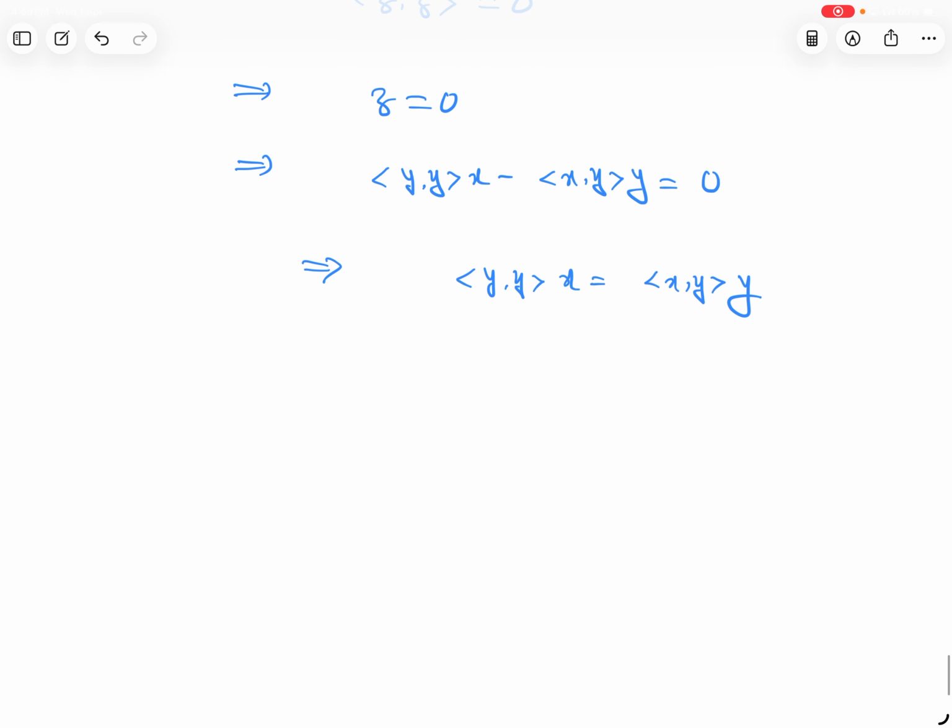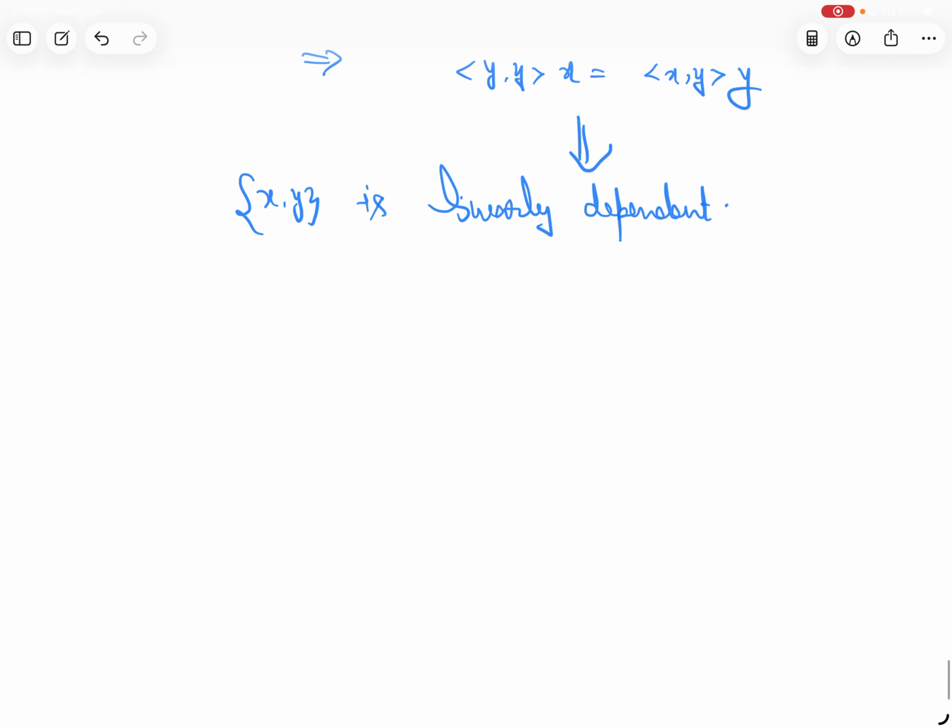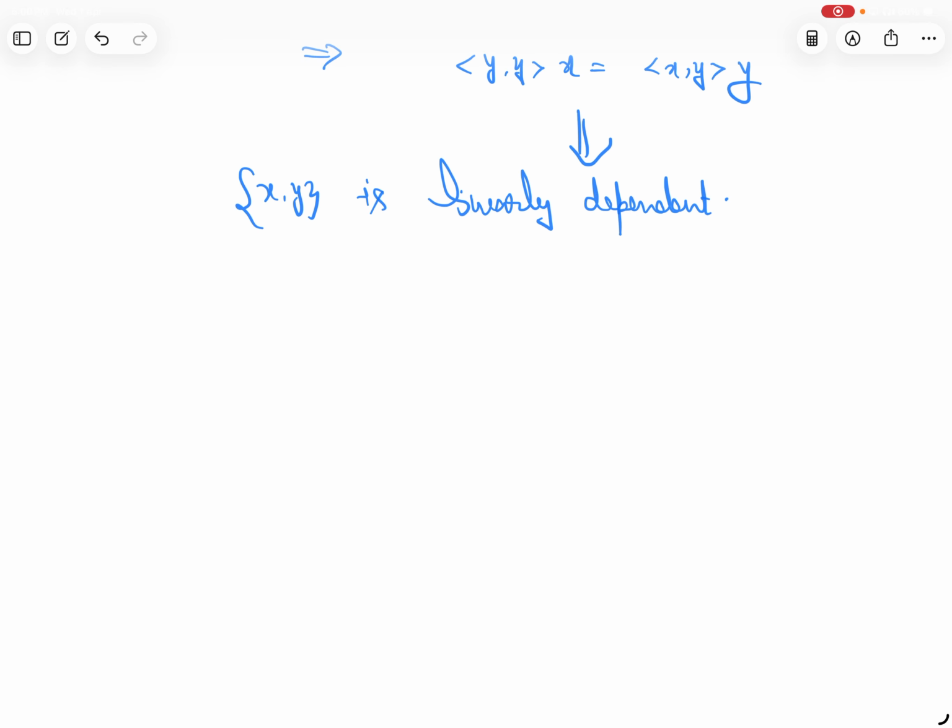Now conversely, assume that x and y are linearly dependent. That means x is a multiple of y or y is a multiple of x, whatever, because either one can be zero also.